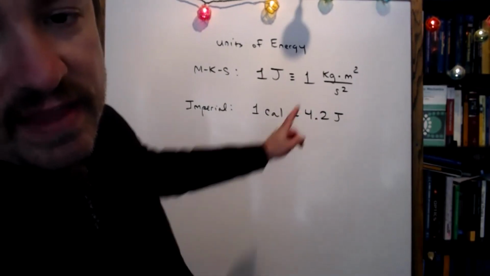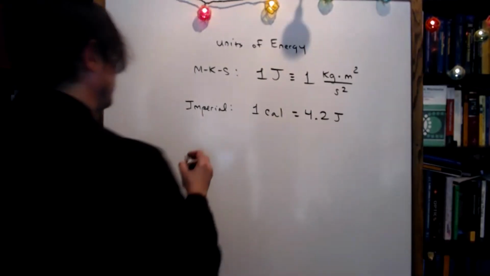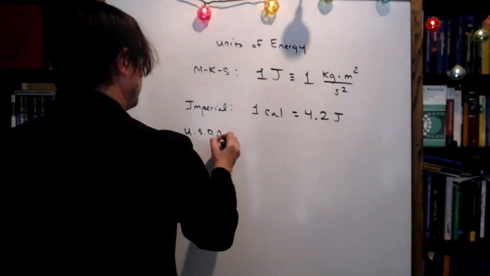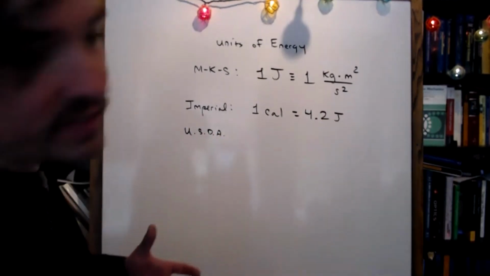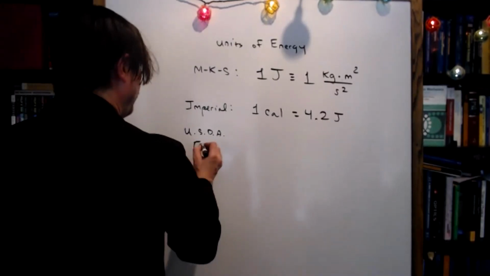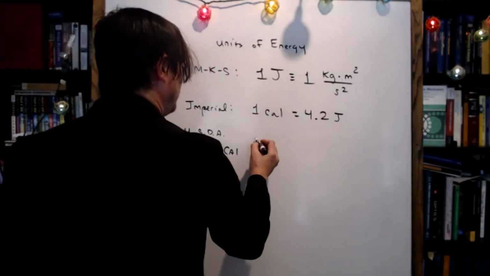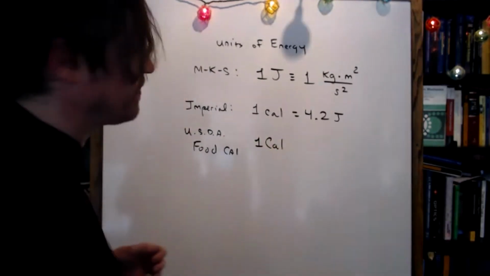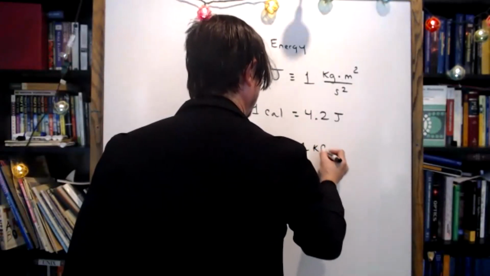However, that's not exactly the same as the food calories that you find on packaging. And the USDA, whoever defines what calories should be labeled as in a package, let's just call them food calories. A food calorie, and sometimes we use a capital C for a food calorie, is actually 1 kilocalorie.